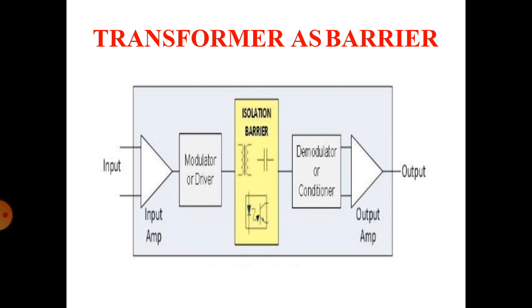So the next is the transformer as barrier circuit. Here the input circuit op amp will be given to the modulator or driver circuit. The modulator or driver circuit, which is given to the isolation barrier, has one bridge circuit, and it will convert the AC input into DC.